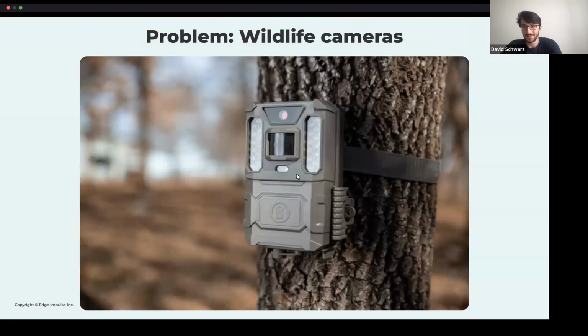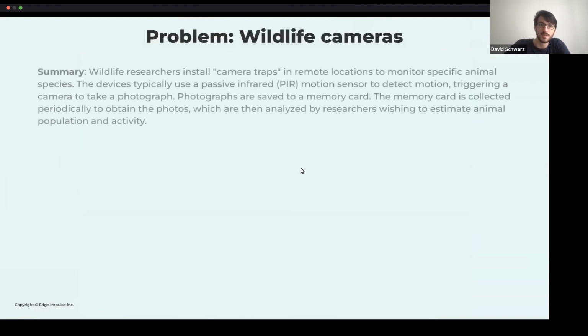So that specific example is a wildlife camera. Generally, it's been very common for over decades for biologists, wildlife researchers, and other groups to deploy remote and standalone cameras that use motion sensing to detect the presence of an animal and snap a photo.